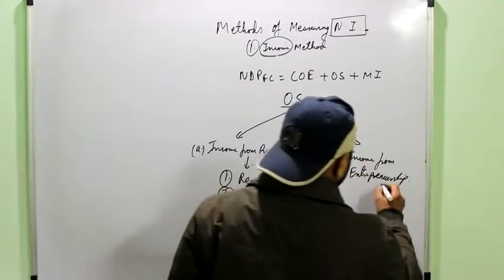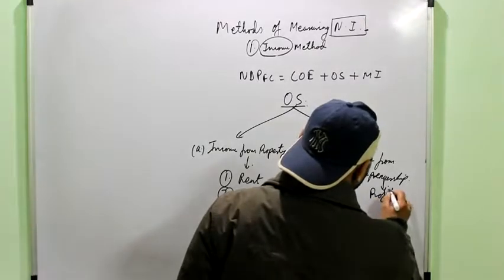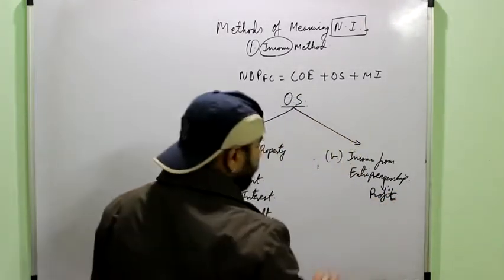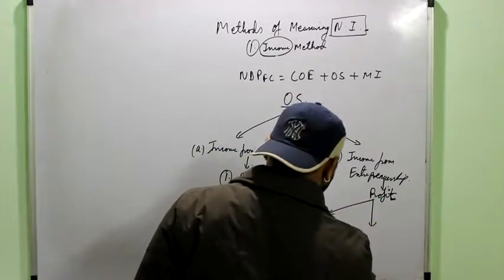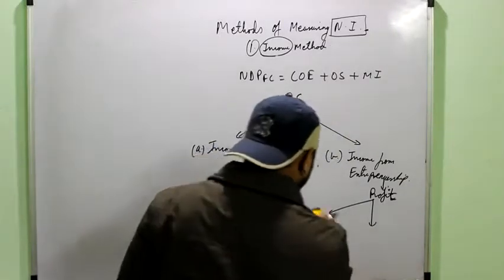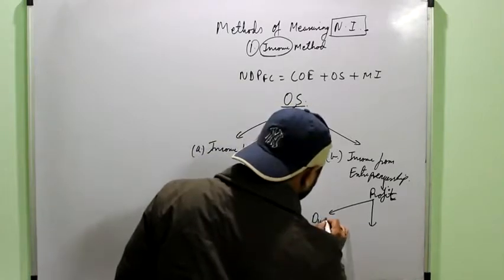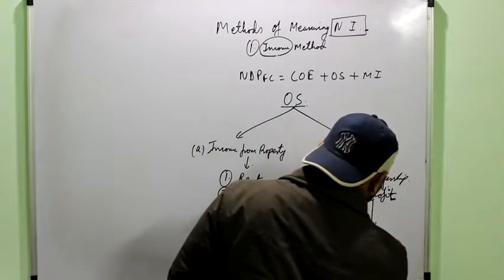Then income from entrepreneurship. You already know income from entrepreneurship is profit, or you can say that an entrepreneur always takes the share of profit. Then profit is again divided into three parts. First is dividend. Second is corporate tax.